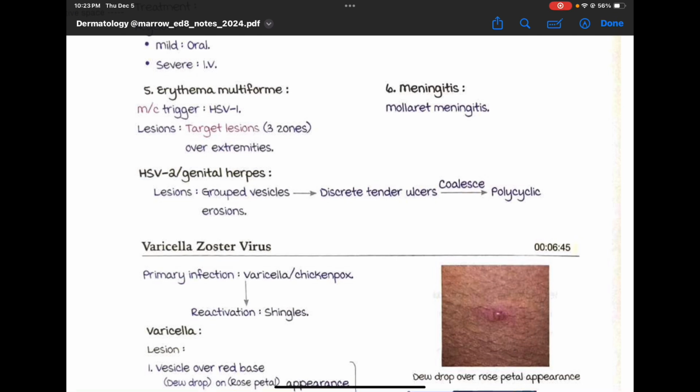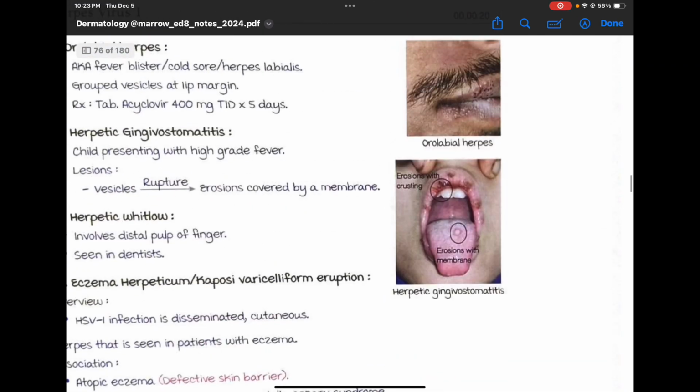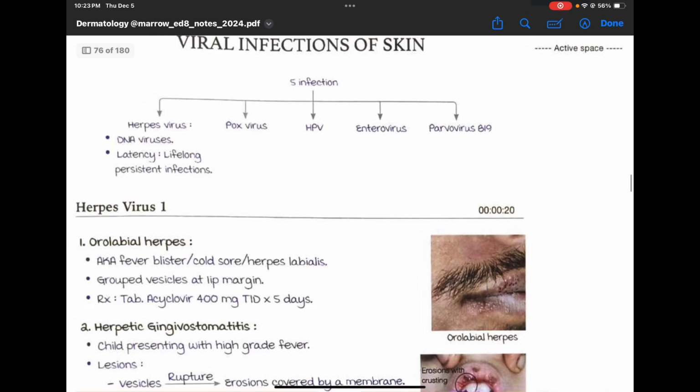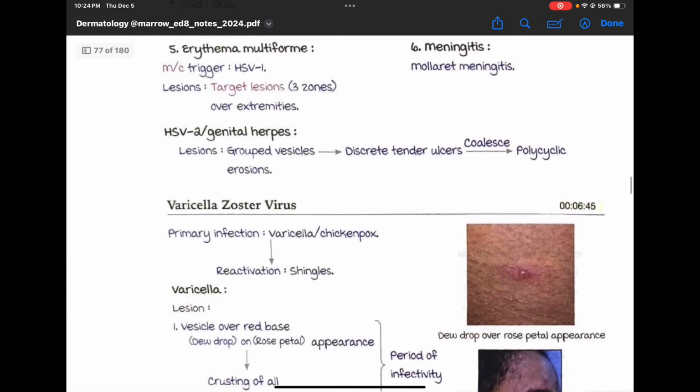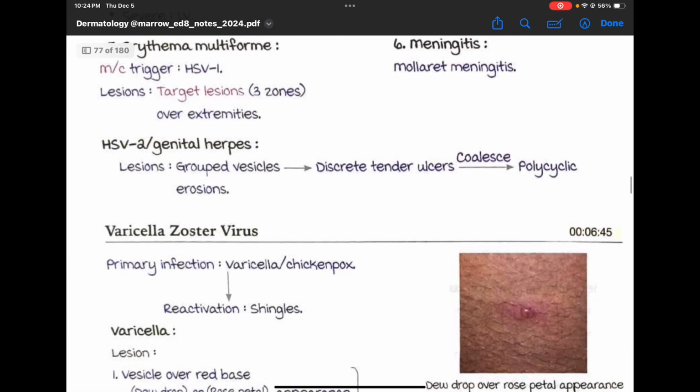Meningitis is called Mollaret meningitis. HSV2: genital herpes. And the one we were reading about, it was HSV1. So HSV1 is causing all these infections and HSV2 is causing genital herpes.